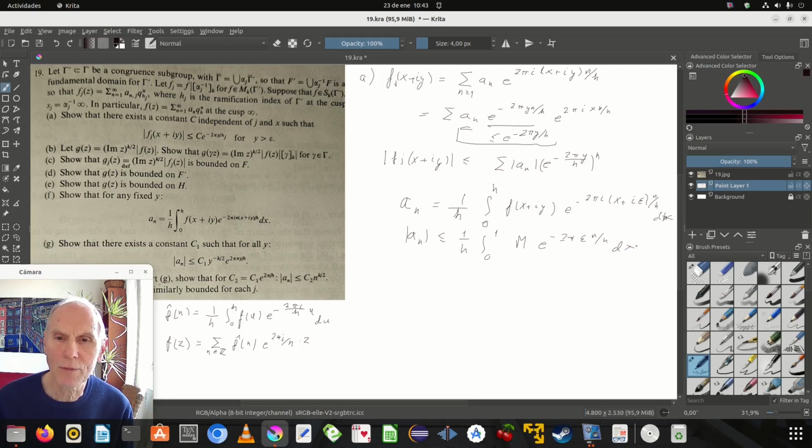So this is obviously bounded depending on epsilon. Not only that, we can even put a bound so it decreases exponentially with n.